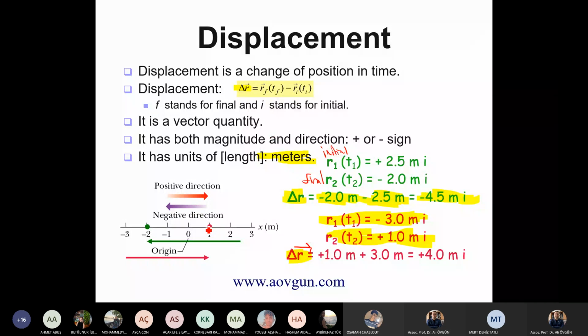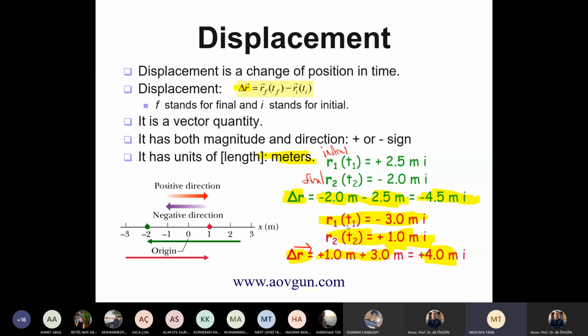So delta R is equal to final position minus initial position. Final position is 1 meter minus minus 3 meter I hat. So minus becomes positive 3 meter, and totally it is 4 meter I hat. So the displacement of the second particle is 4 meter I hat.